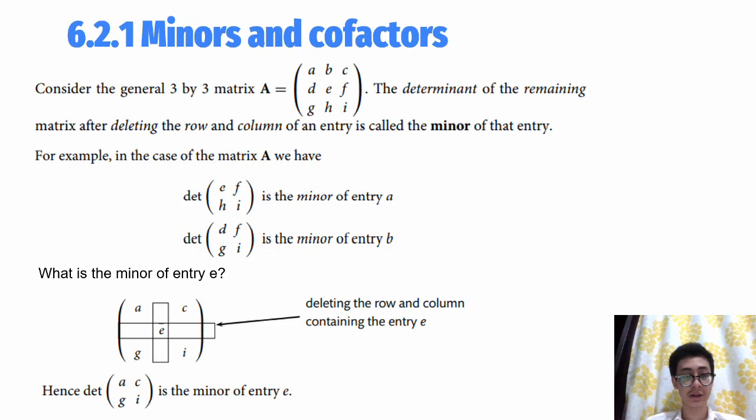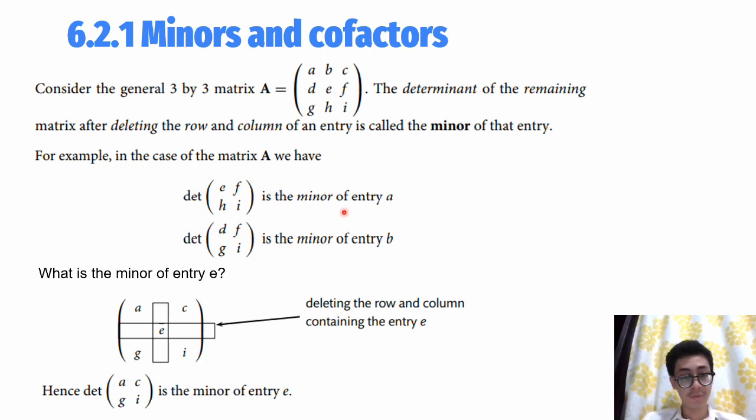Determinant of another matrix. Minors and cofactor. Consider the general 2 by 3 matrix A as example. The determinant of the remaining matrix after deleting the row and column of an entry is called the minor of that entry.